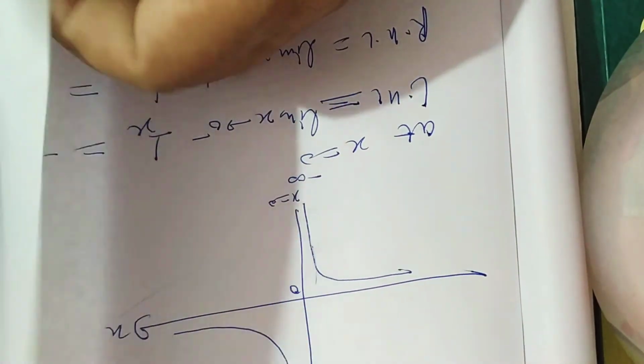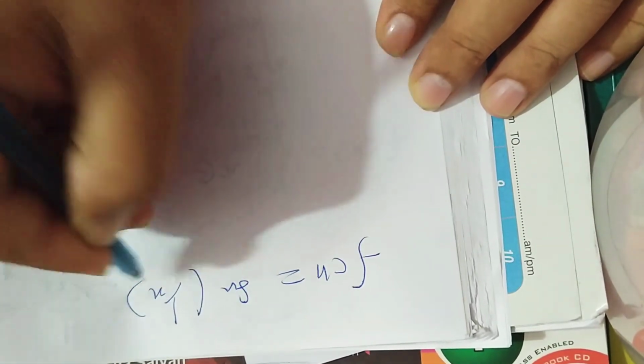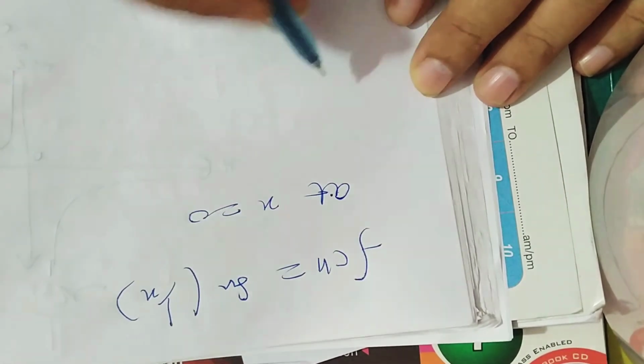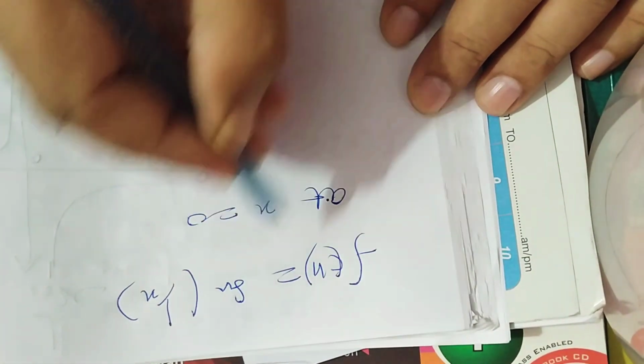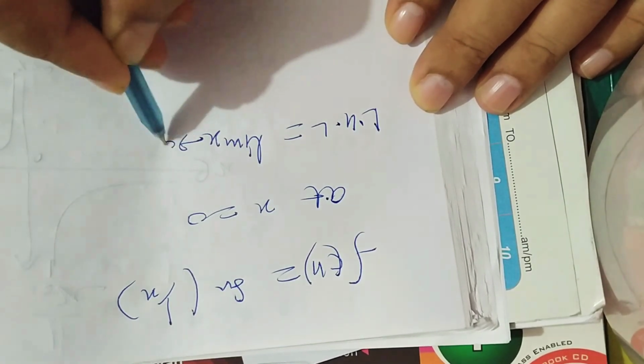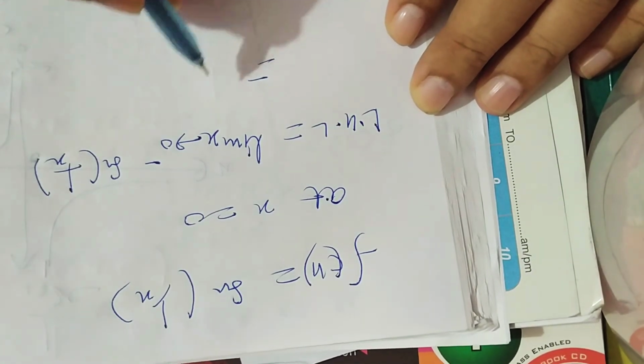We take another example. f(x) is equal to sin 1 by x at x equal to 0. We see that LHL is equal to limit x tends to 0 minus of sin 1 by x.